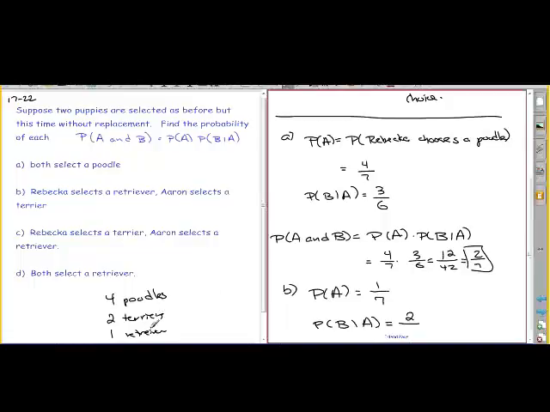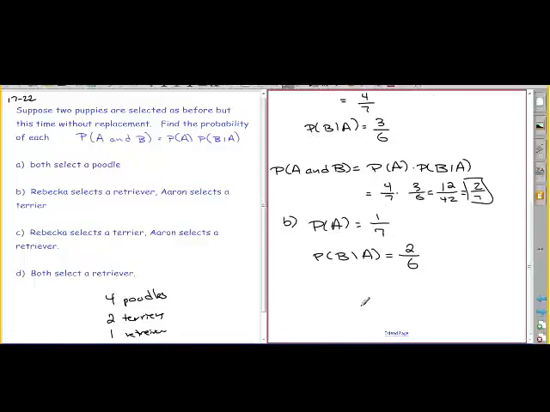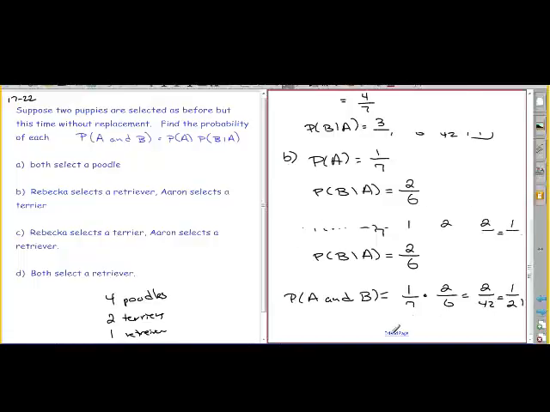Choosing a retriever didn't affect the number of terriers available, but it does affect the total number of dogs, which is now 6 instead of 7. So the probability of Rebecca picking a retriever and Aaron selecting a terrier is 1/7 times 2/6, so we get 2 divided by 42, which is 1/21.